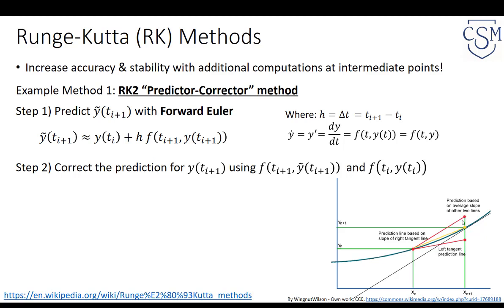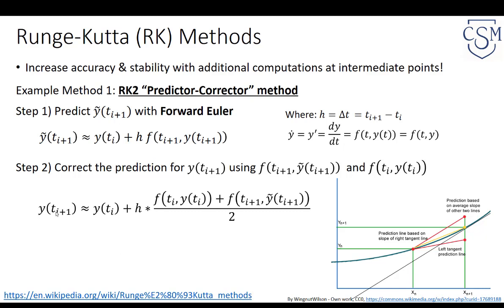Since these two predictions are different, we take the average of those. That's the corrected step. So our corrected prediction of y of ti plus 1 is y of ti plus our step times the average of those two slopes. And this gives us Runge-Kutta 2.